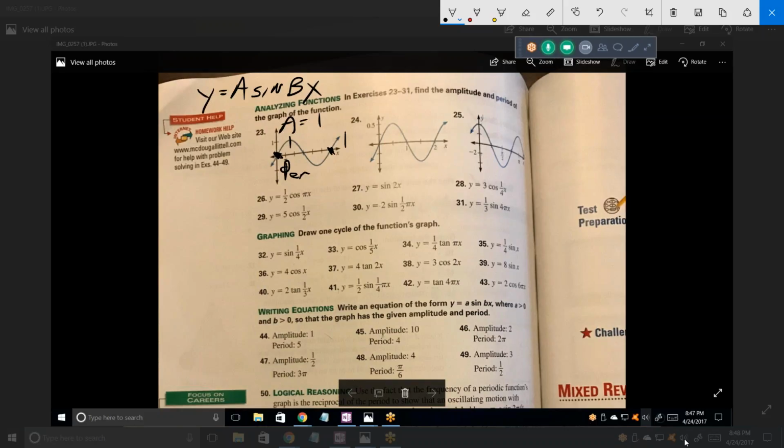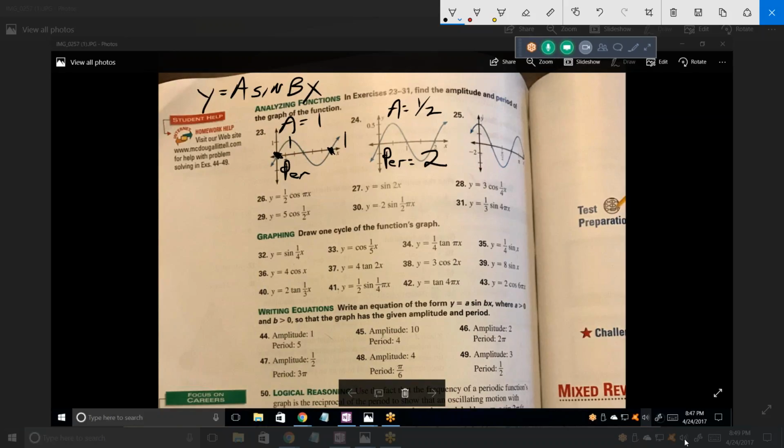Number 24, what's A? 0.5, or 1/2. And what's the period? 2. See, they're trying to fool you here. The period is just 2.